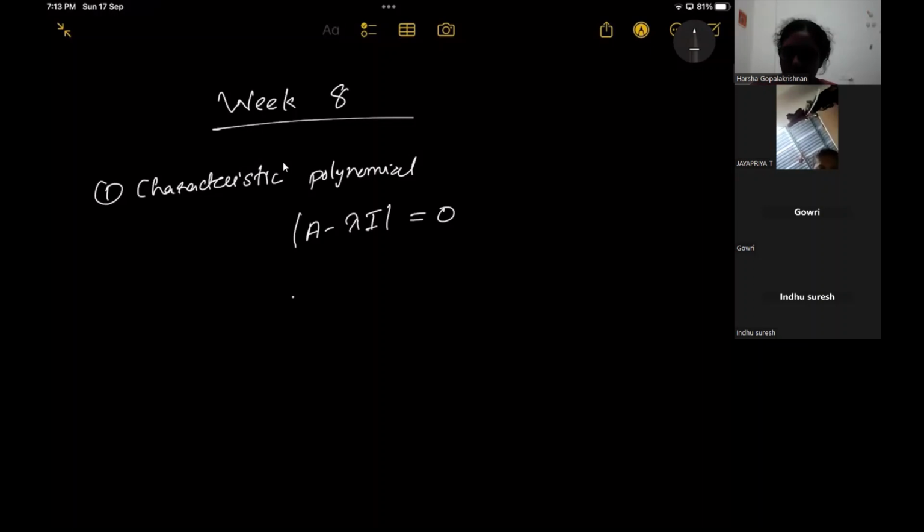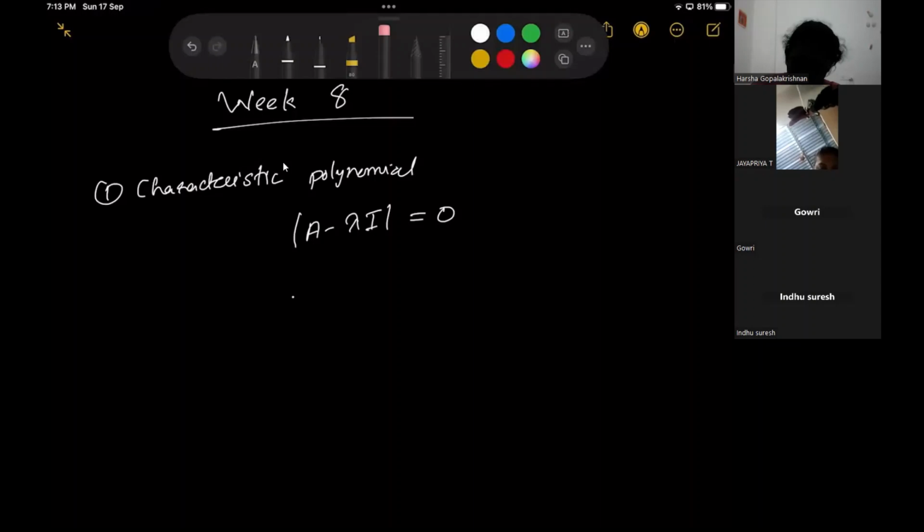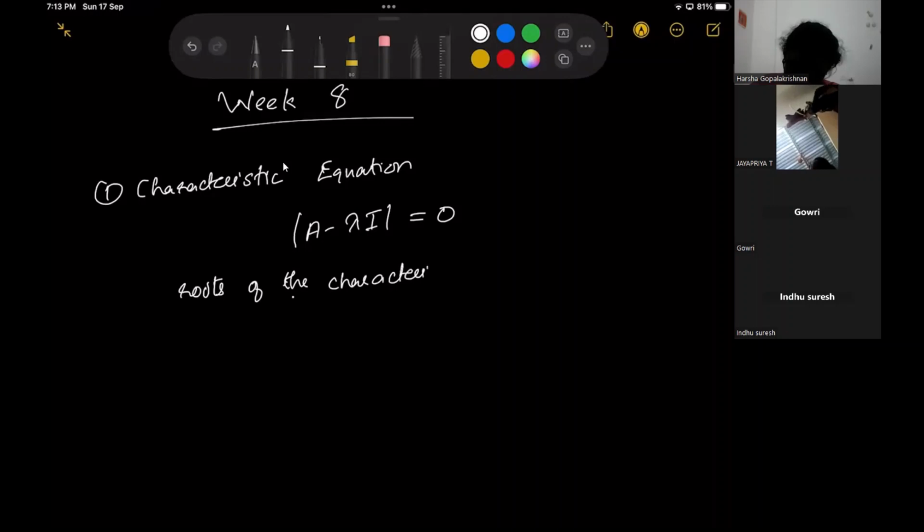So this is the characteristic polynomial, or actually the characteristic equation. There is an equality, so it is the characteristic equation. Okay, so roots of the characteristic equation are called eigenvalues.